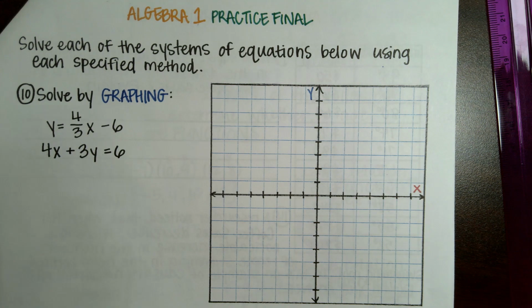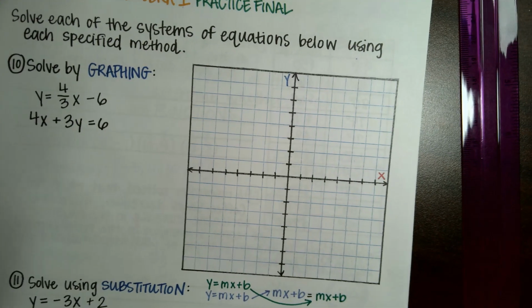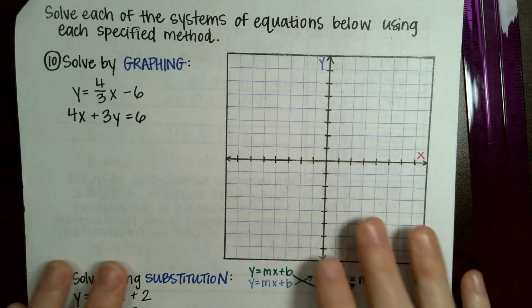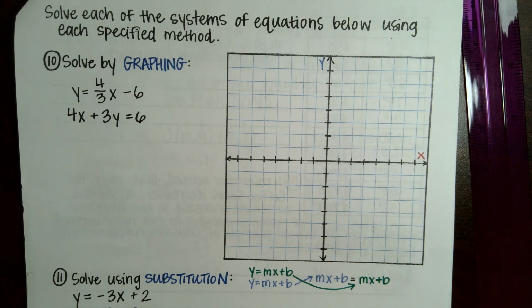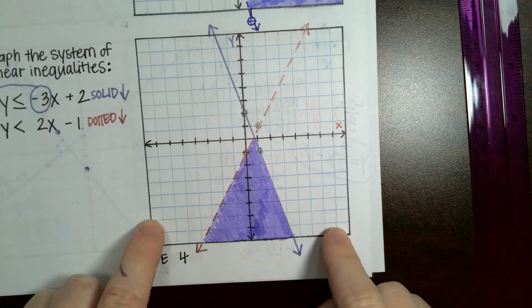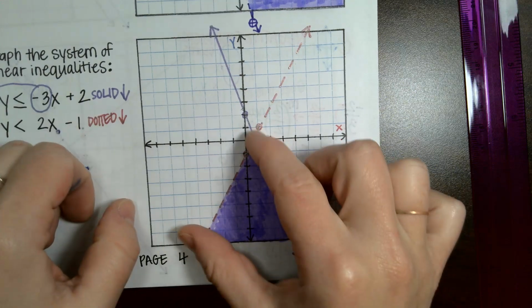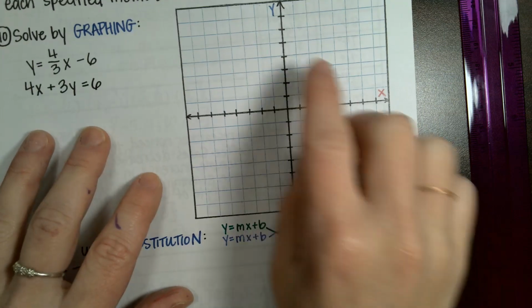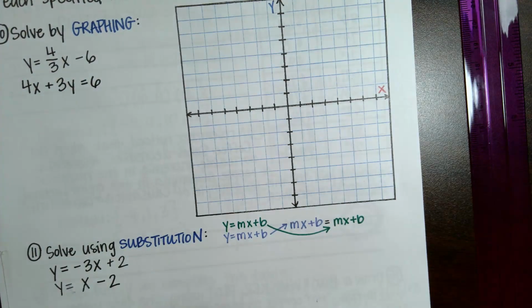So remember, what is the solution in a system of equations? Where the two lines meet. Your answer is going to be a coordinate. There's 1 point. In a system of inequalities, you see that there's shaded sections. That's our answer. In a system of equations, we're not shading anything. It's just going to be a point where they cross each other.